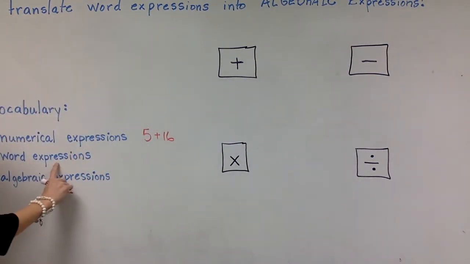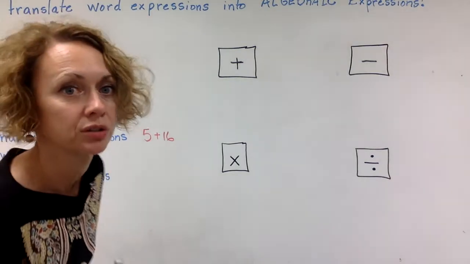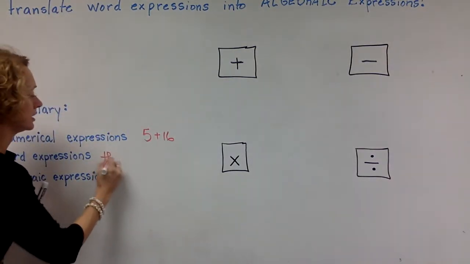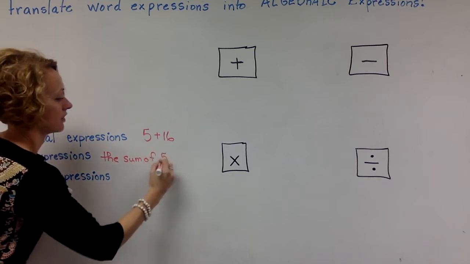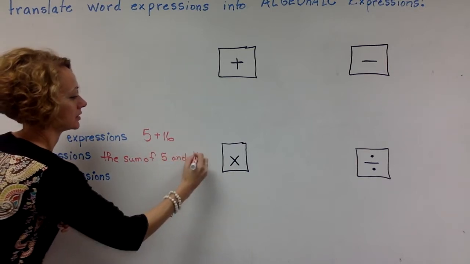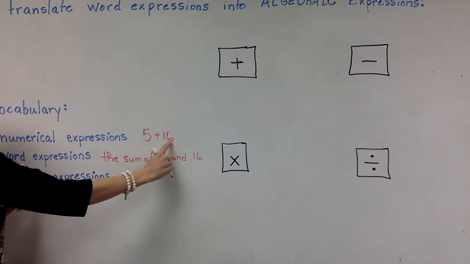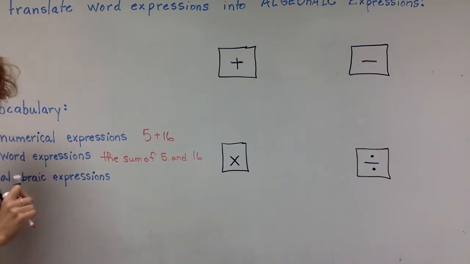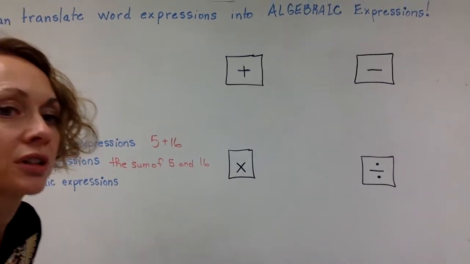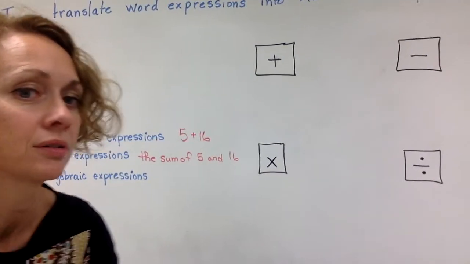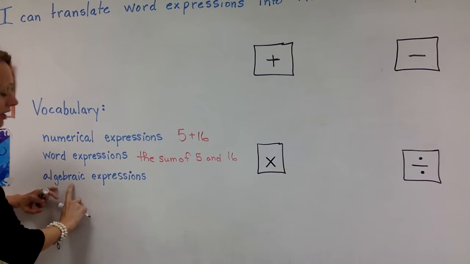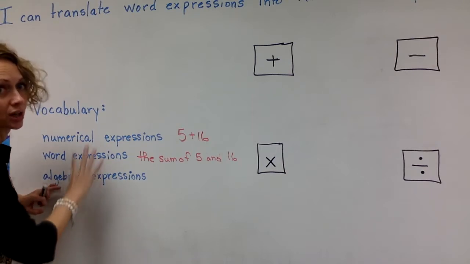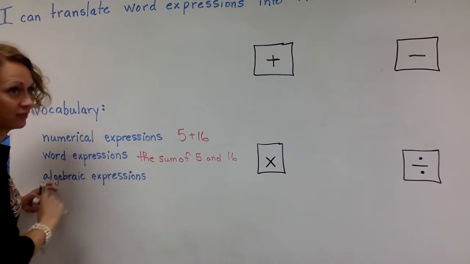Then, if you have word expressions, it means that you have words involved, like the sum of 5 and 16. This one has numbers, this one has words. So then that gets us into understanding what algebraic expressions are. If it has algebraic expressions, that means you've got a mixture of numbers and variables.